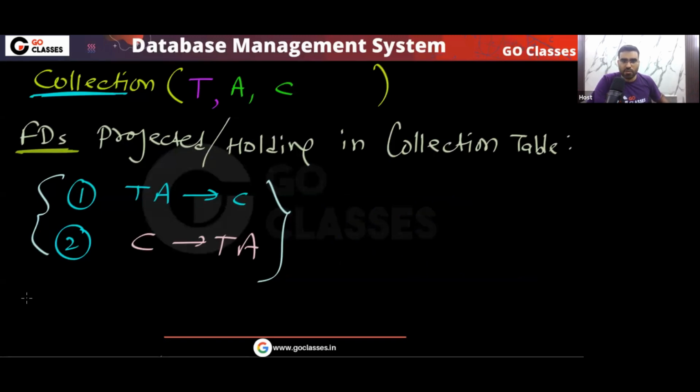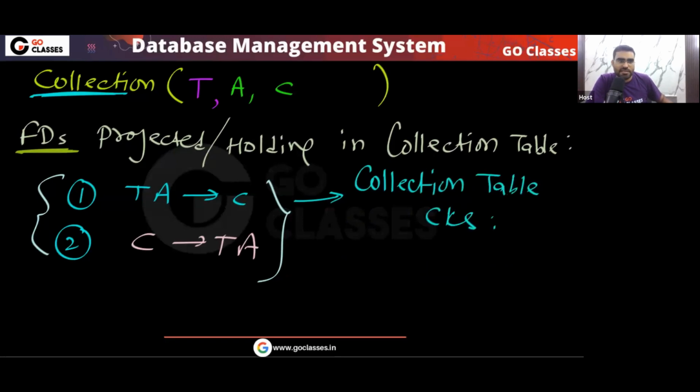Now you can easily solve what is the candidate key for the collection table. Tell me about collection table candidate keys. TA will be a candidate key and C will be a candidate key. Is this clear?